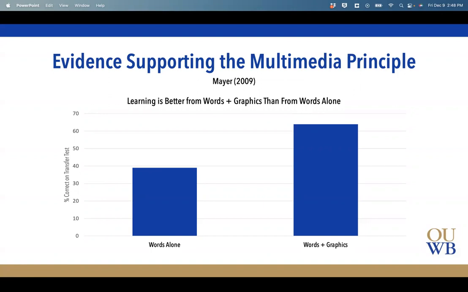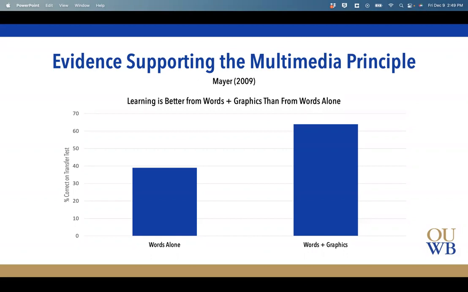So again, one set of the students got a multimedia lesson with words and graphics, and they performed better on the subsequent transfer test than the students who received the same information presented as words alone. Across those 11 studies, students who learned from the multimedia presentation produced between 55 and 121% more correct solutions to transfer problems than the students who learned from the words alone presentation. Across all studies, there was an 89% median gain with an effect size greater than 1.